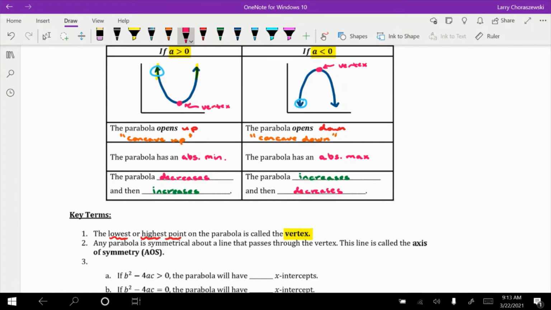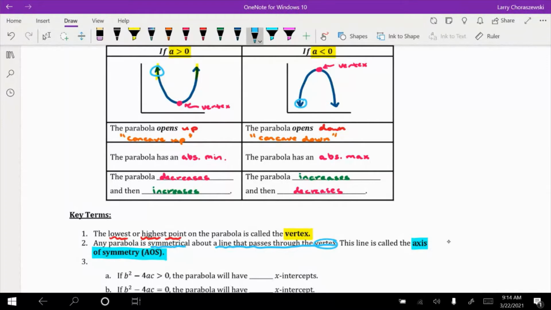A parabola also has a natural line of symmetry. Specifically, any parabola is symmetric about a line that passes through this vertex. And the line that passes through that vertex is called the Axis of Symmetry, or AOS for short. Not to be mistaken with POS, by the way. So let me show you what I mean by AOS.